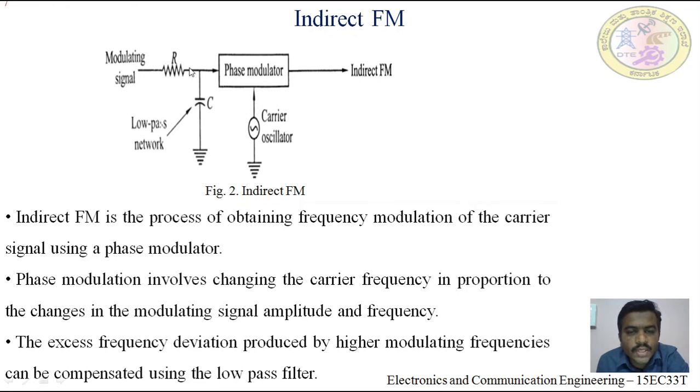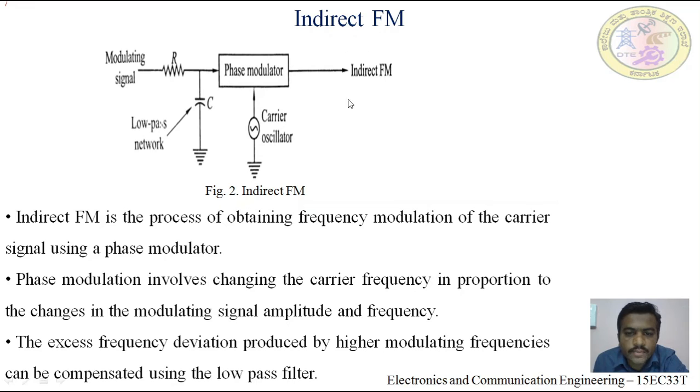This low pass filter will help to suppress the higher frequencies in the modulating signal. Hence, this circuit produces frequency change in the carrier signal only when the amplitude of the modulating signal changes. The changes in the frequency of the modulating signal should not produce changes in the frequency of the carrier.